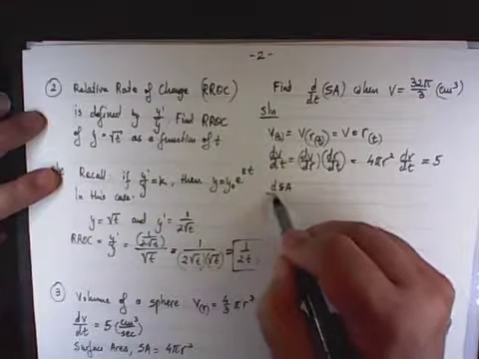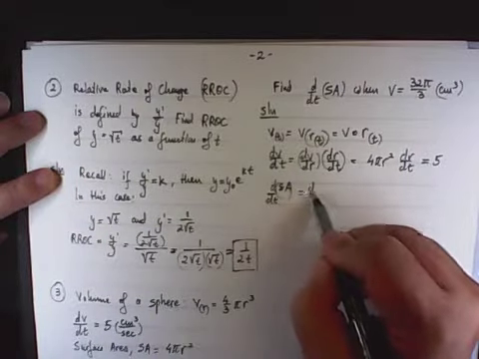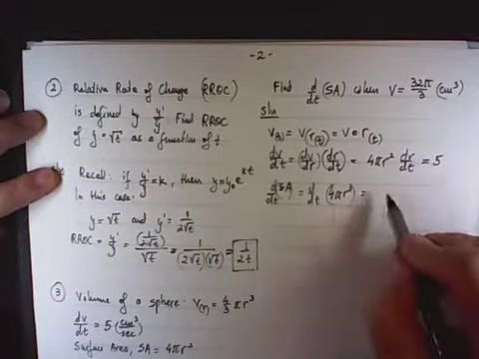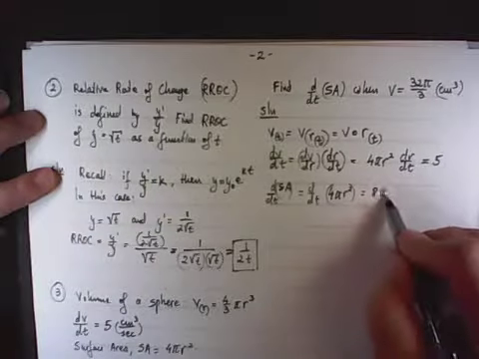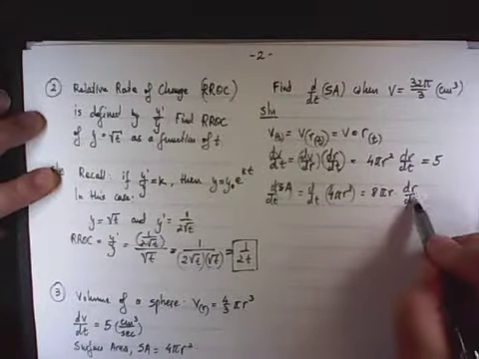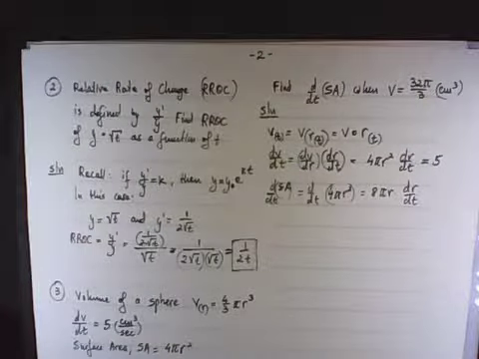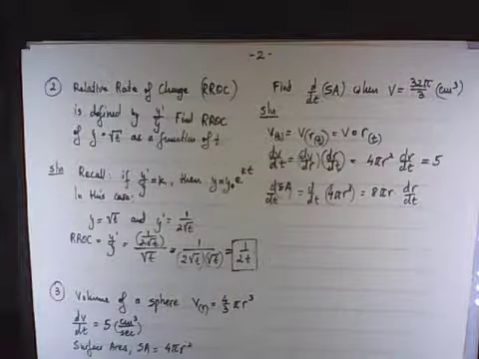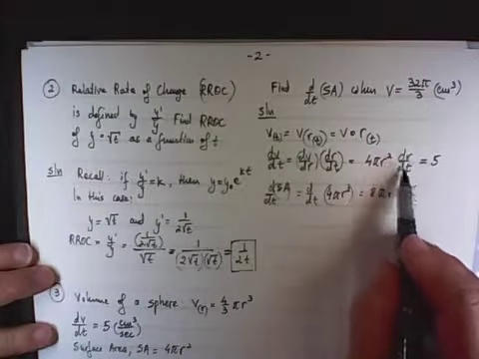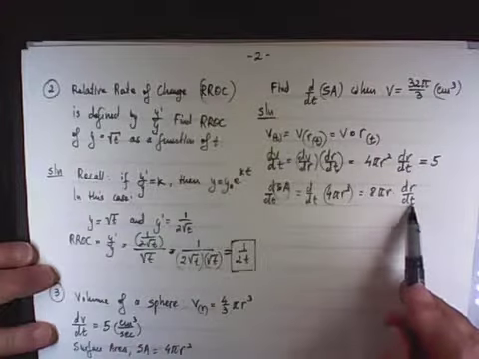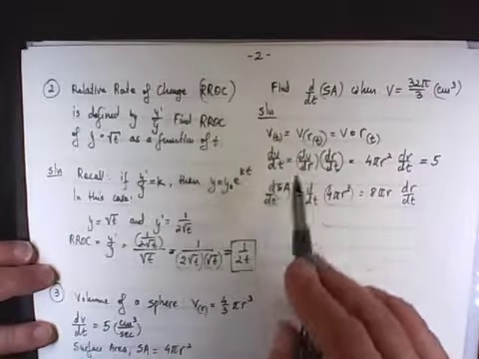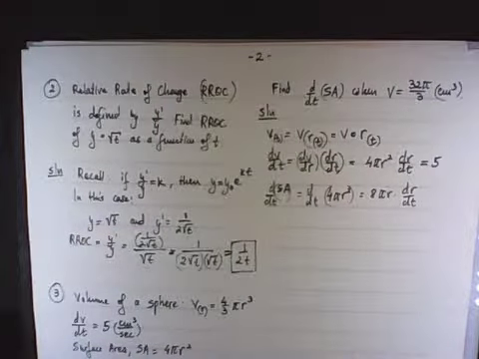Well, dSA/dt is d/dt of 4πr². Again we'll do the chain rule, and we have 8πr times dr/dt. So here's the strategy. If I can get a value for dr/dt from this expression, plug it here, and have a value for r, then I can find the rate of change dSA/dt, which I'm after. You see what I'm getting at?